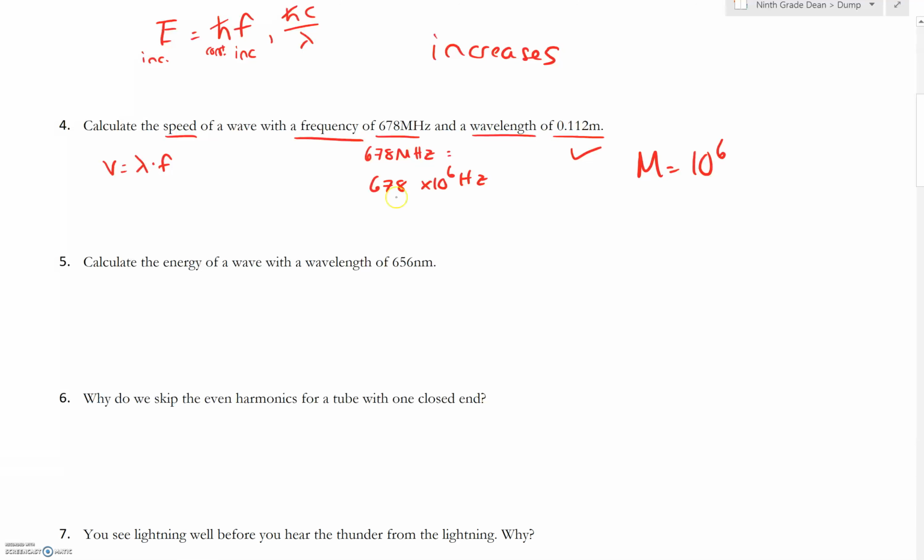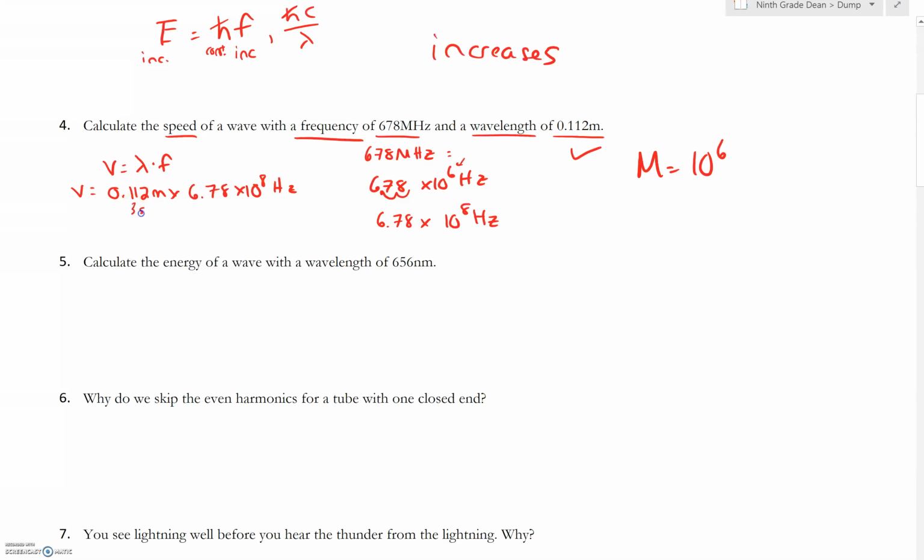So the simplest way is to move the decimal over and call this 6.78 times 10 to the, since I moved it 2, I'm going to add 2 to the 6th, and I'm going to get 10 to the 8 hertz, okay? So the speed of this wave is 0.112 meters times 6.78 times 10 to the 8 hertz. Quick sig fig check while I stall to grab my answer key.